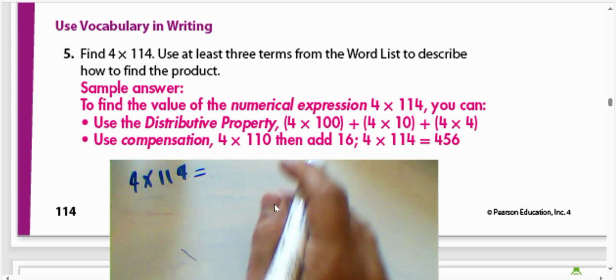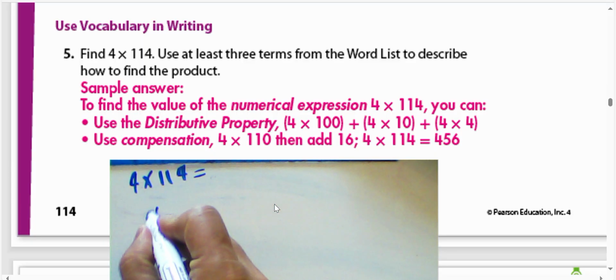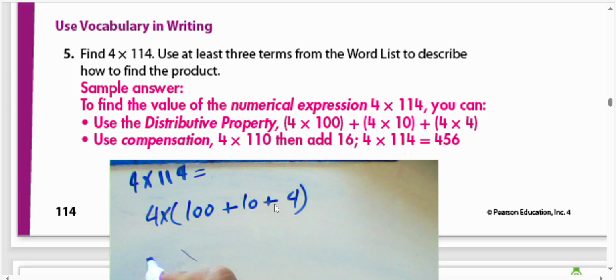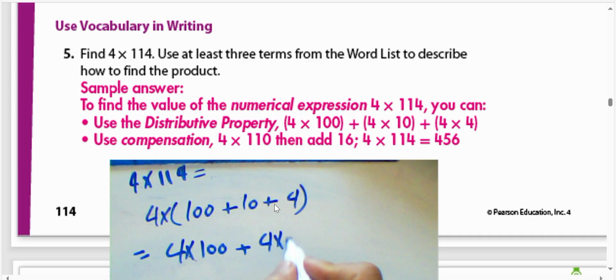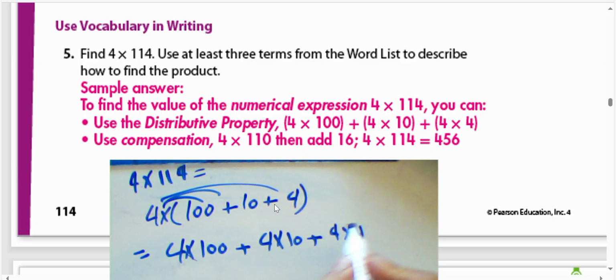We can break 114 into 100 plus 10 plus 4. Then we can write 4 times 100 plus 4 times 10 plus 4 times 4.